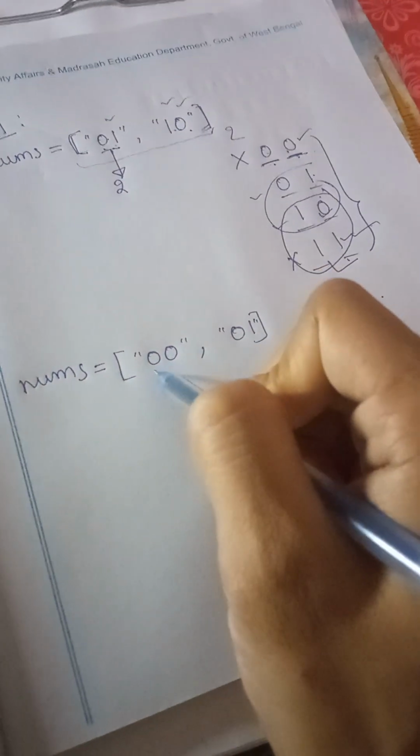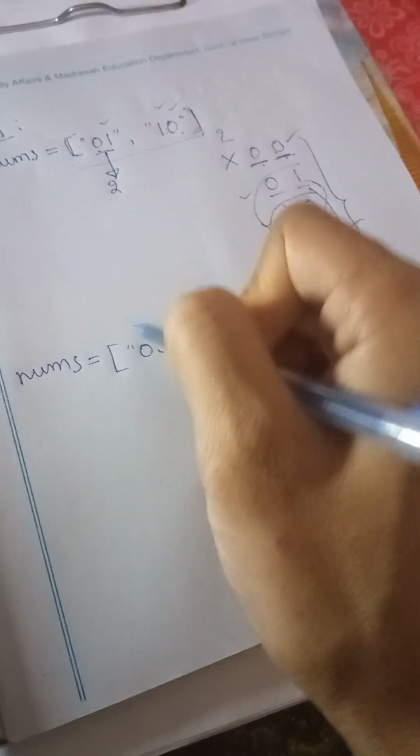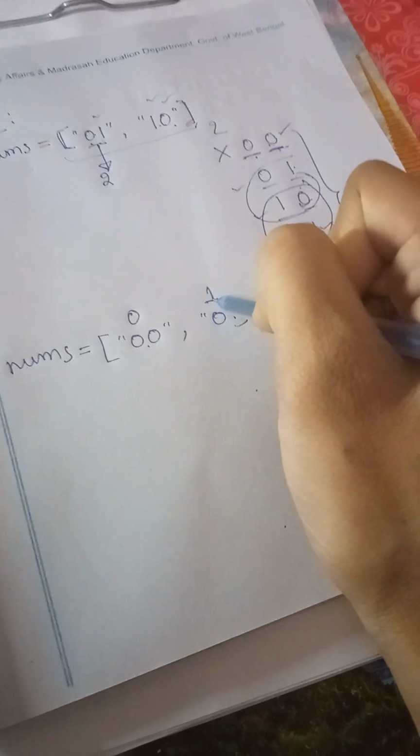So how to solve this problem? It is simple. I will tell you the most optimized answer. This is the 0th string, this is the first string, the string at index 1.